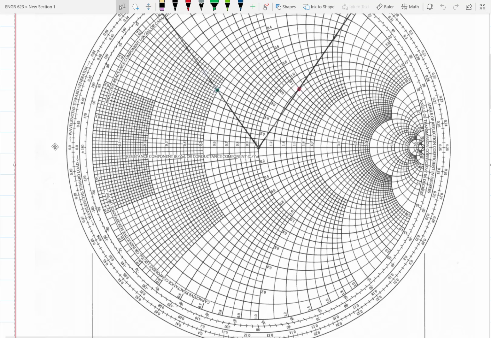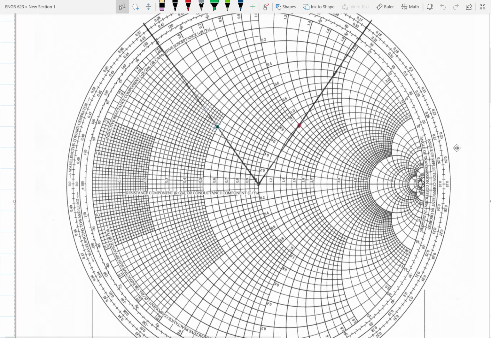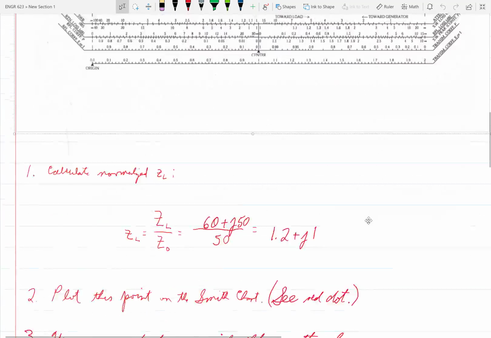Now again, all the way around the Smith chart is half of a wavelength, so halfway around is 0.25 wavelengths. And then we have from here, this was 0.174, and this is 0.25, so I guess that's 0.076 plus the quarter is 0.326 lambda.